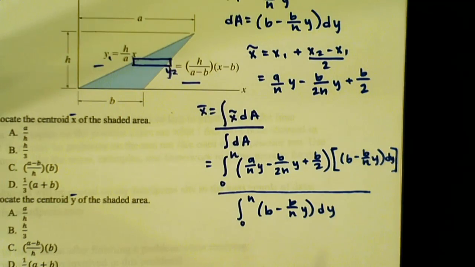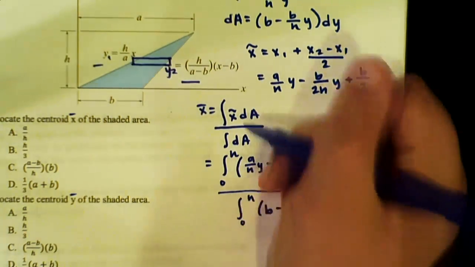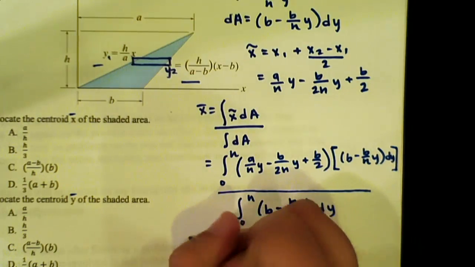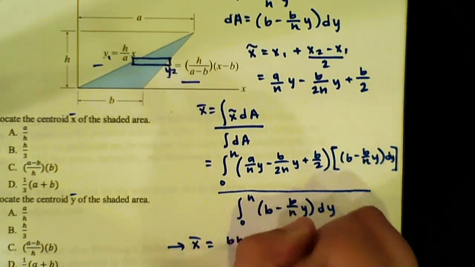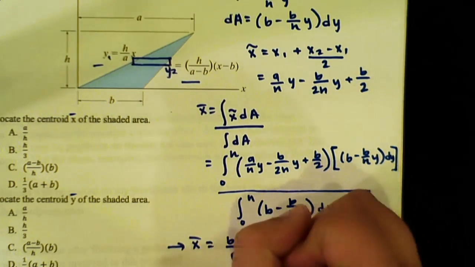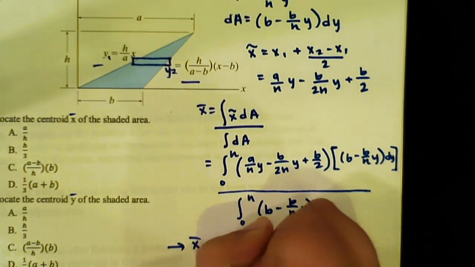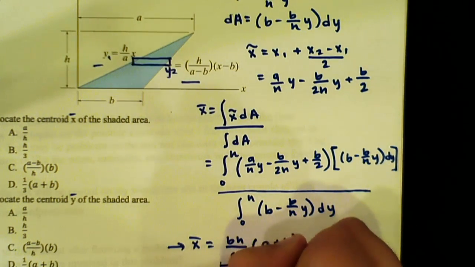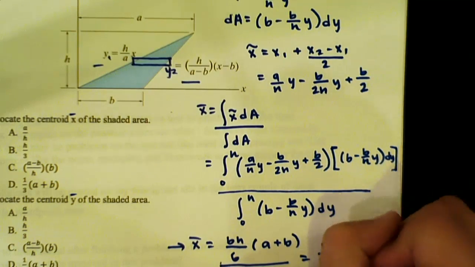Now you just evaluate the integral, but we're running out of time. So our x bar is going to be equal to bh over 6 times a plus b over bh over 2. So it's going to be equal to 1 over 3 times a plus b.